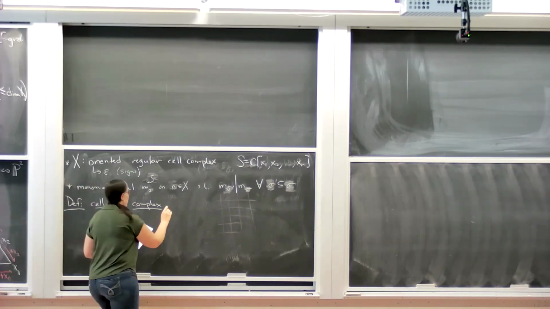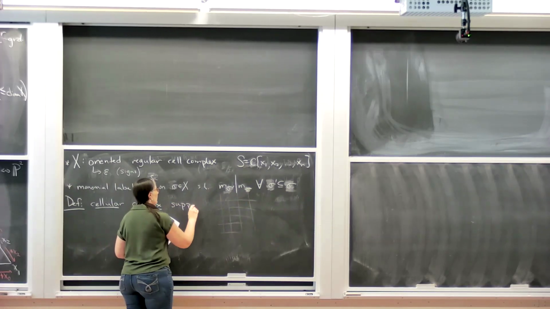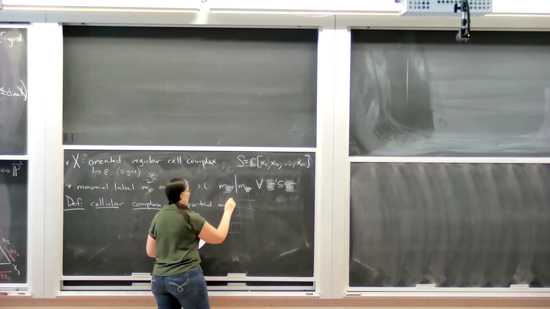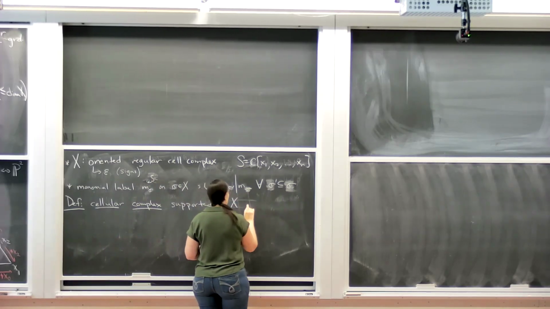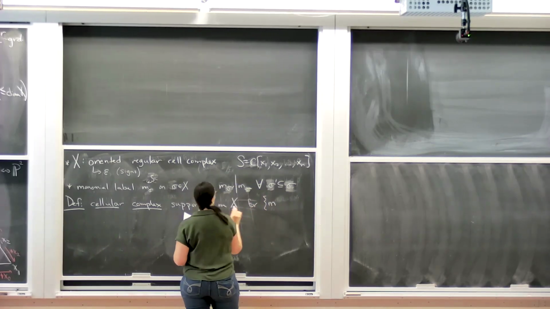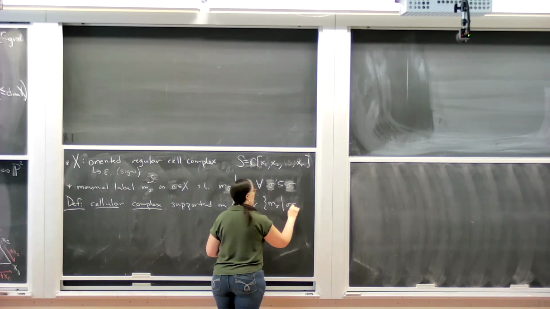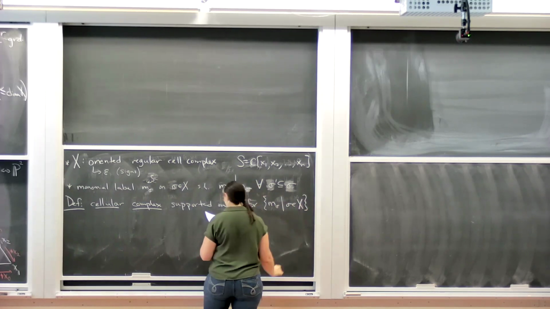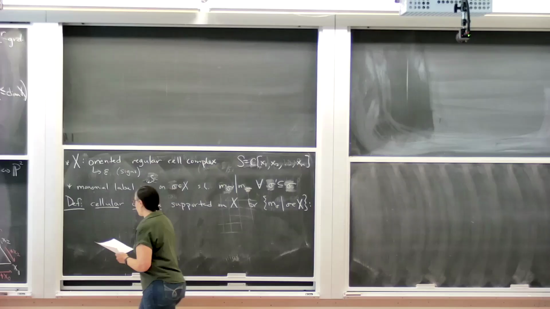Okay, the cellular complex supported on X for this M sub sigma labeling is the following.